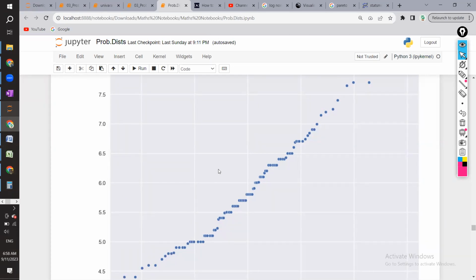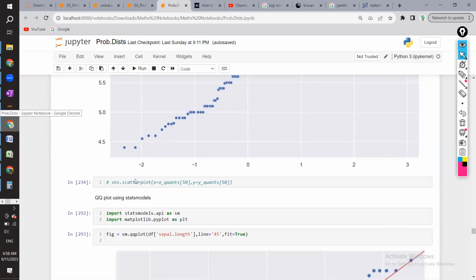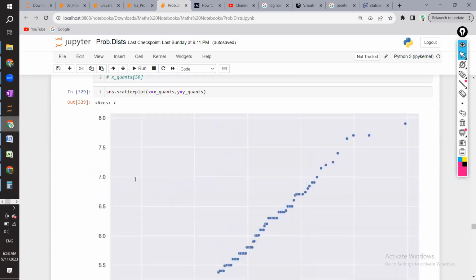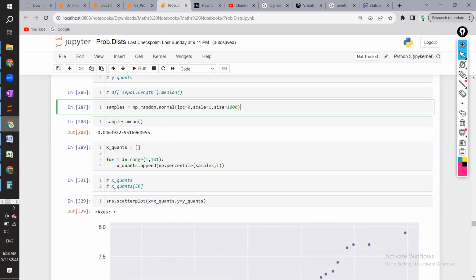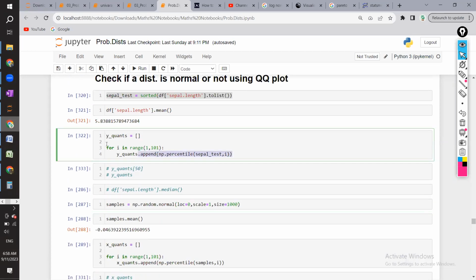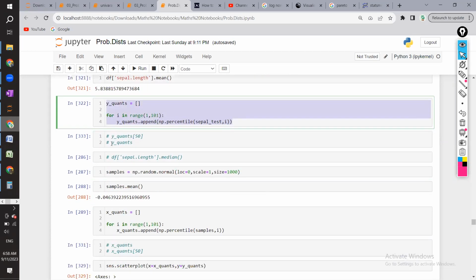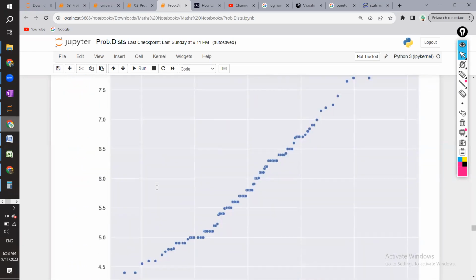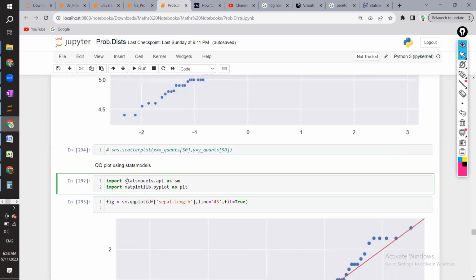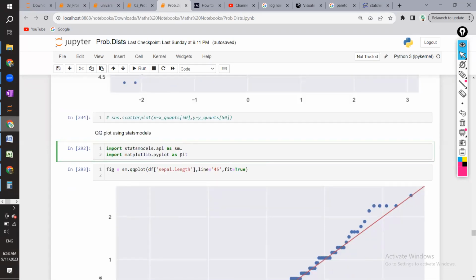Clear, sir. Okay, so now you'll be able to use this and find out, if I'm given a distribution, whether it's a normal distribution or not. Instead of doing all these things, I have shown you in bits and pieces, according to the definition, how to calculate the quantiles, etc. But directly you can use statsmodels, using statsmodels.api as sm. In this sm, there is something called qqplot.